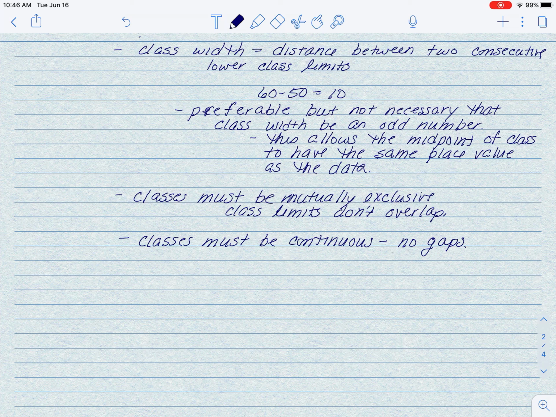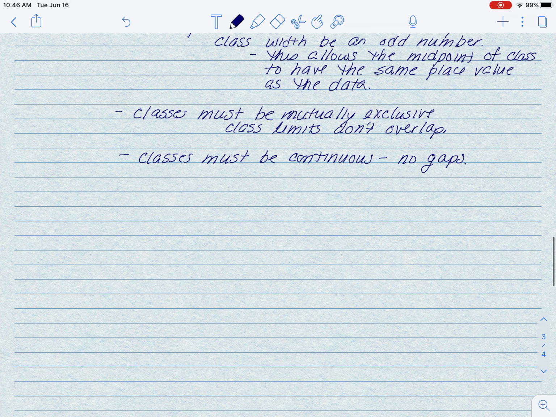Even if you have a class that doesn't have any data in it, unless it's the first class or the last class, you have to list it. Classes must be exhaustive, meaning you have enough classes to capture all the data.